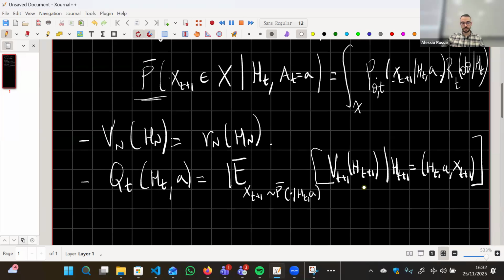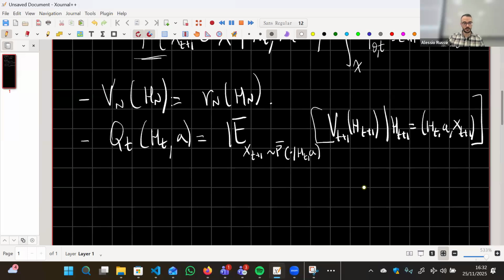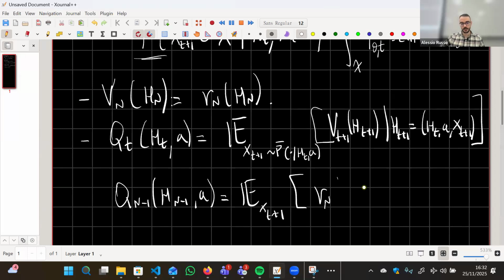So let's see if this makes any sense. For example, in t equal capital N minus 1, what we have is this expectation over the next observation of what? Of R in Hn, where Hn is simply equal to Hn minus 1, a, xt plus 1.